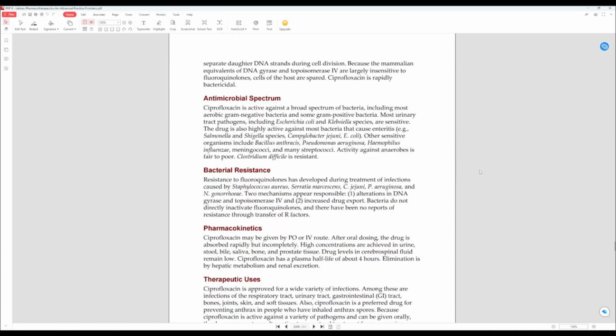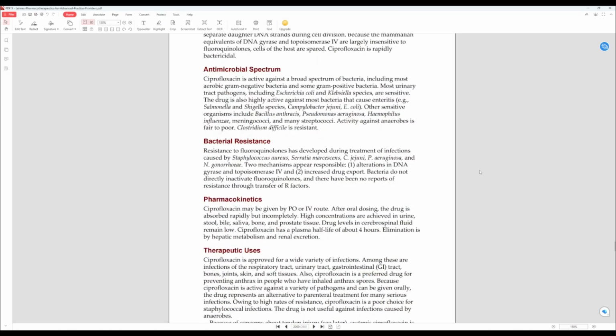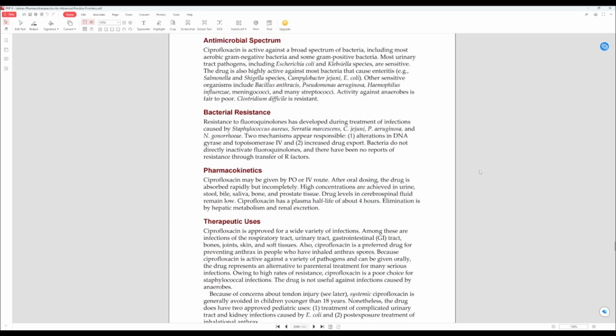So where does it stand then in the antimicrobial spectrum? Well, ciprofloxacin is active against a broad spectrum of bacteria, including most aerobic gram-negative bacteria and some gram-positive bacteria. Most urinary tract pathogens, including E. coli and Klebsiella species, are sensitive.